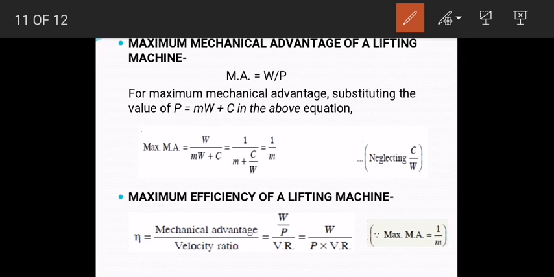Okay. Similarly, we have to find the maximum efficiency of the lifting machine. So efficiency will be mechanical advantage upon velocity ratio. Mechanical advantage will be W upon P, and velocity ratio will be VR.